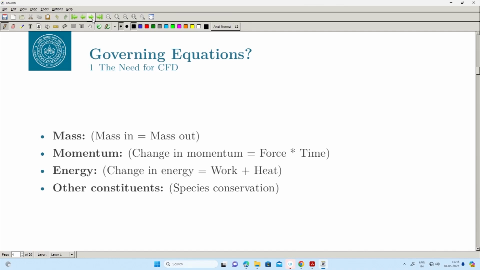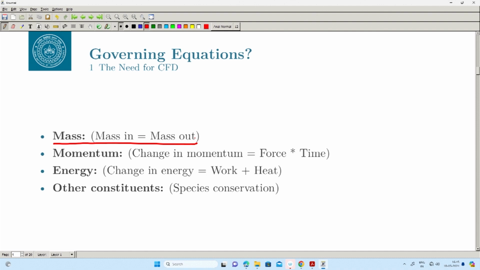Now, what are the governing equations when we talk about fluid flow? As we know, for any physical system we have conservation equations. We can have mass conservation, which means whatever mass is coming into a system has to go out.